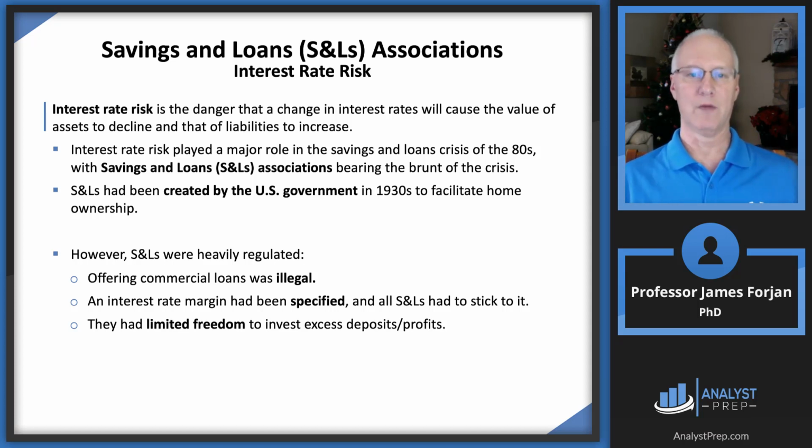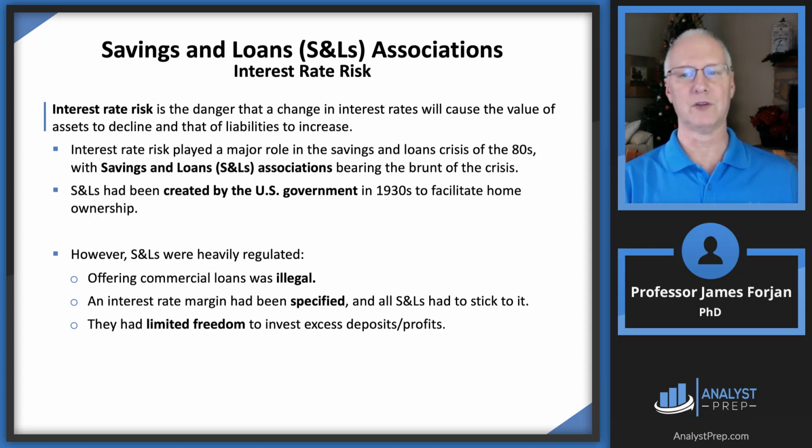Now, of course, when the government gets involved, there's going to be regulation, and these S&Ls were heavily regulated. So they were not able to make commercial loans. I mean, they specialized in residential mortgage loans. There was an interest rate margin.